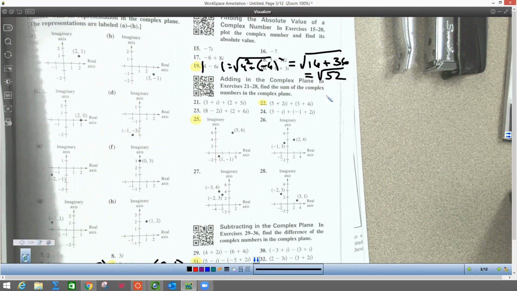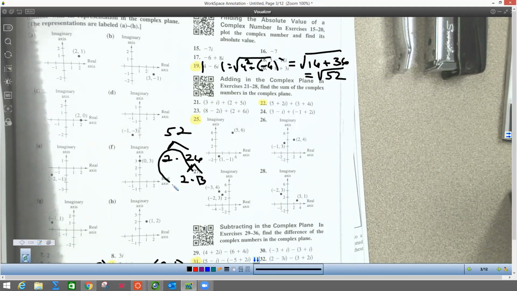Now, you can simplify that because I'm sure on this next test we're going to have some multiple choice stuff, right? So I'm assuming they're going to simplify the square root of 52. So you're going to have to break down 52. So 52 breaks down to 2 times 26, and that's 2 times 13.